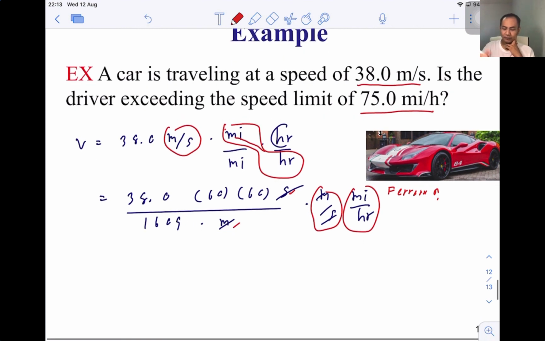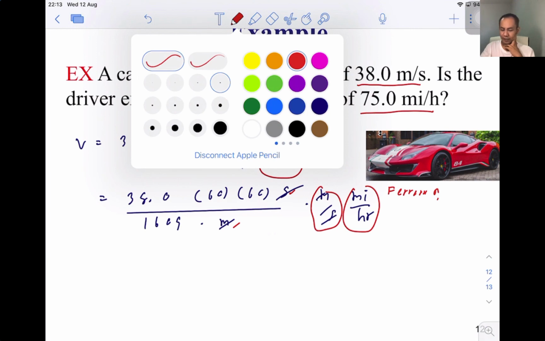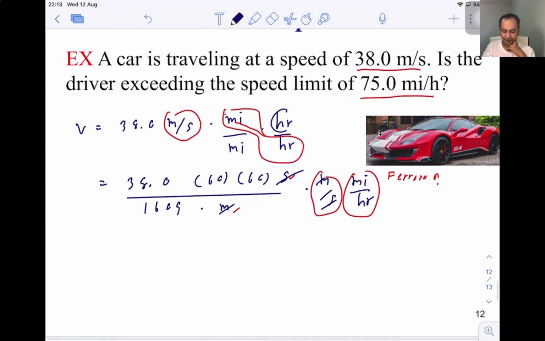Once we calculate this number, we will get around 85. If you do not trust me, you can calculate it yourself. You will get 85 miles per hour.